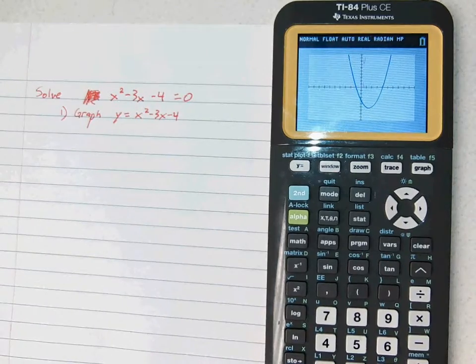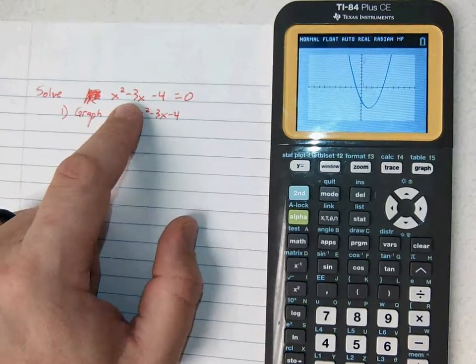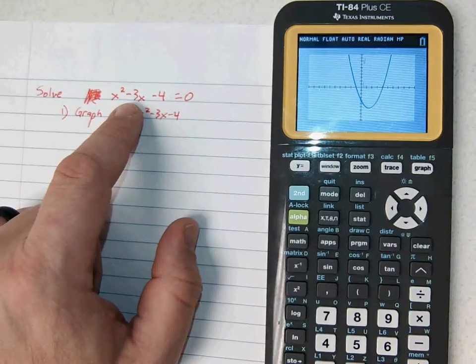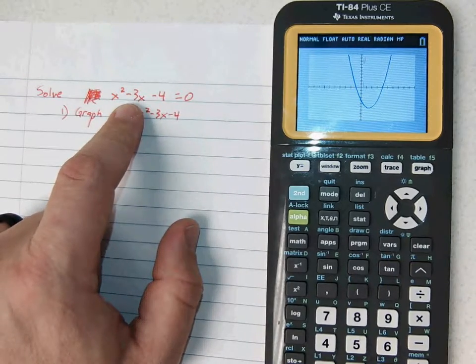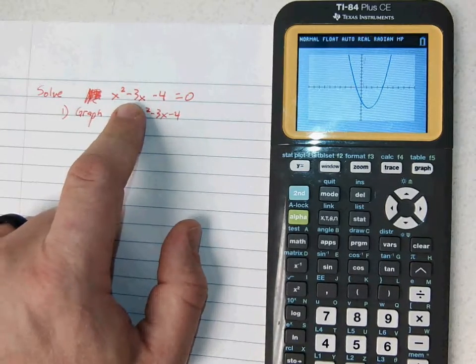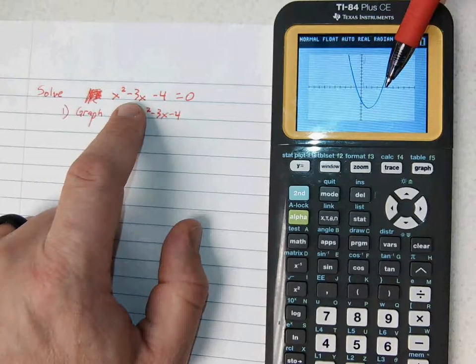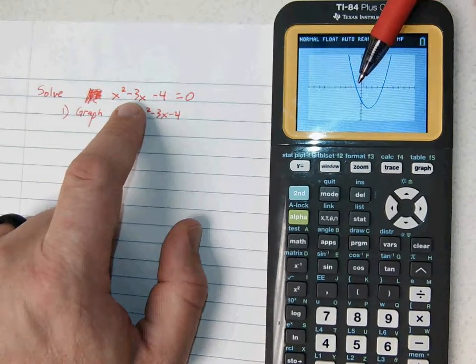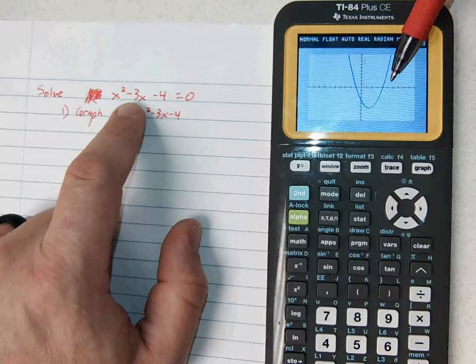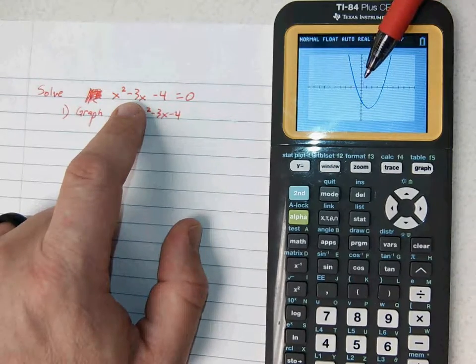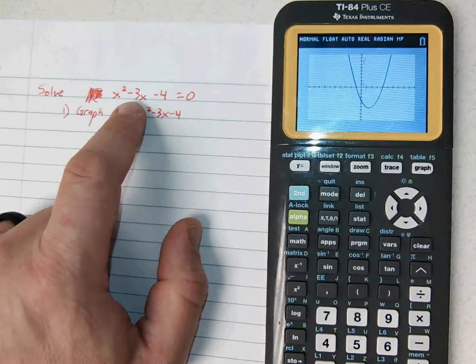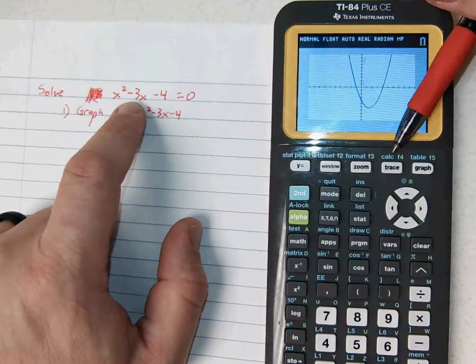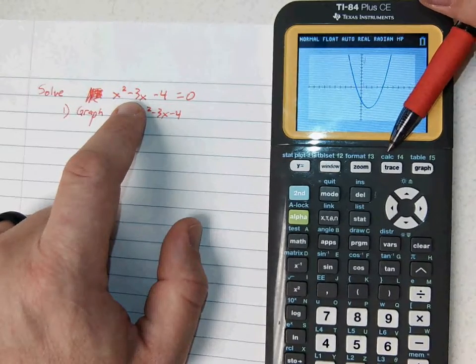To solve this equation, we've already talked about that we're looking for the x-intercepts. How many x-intercepts does this graph have? 2. 1, 2. It's not like decimals where I can just touch it and it tells me what it is. So here's how you find it on the graphing calculator. We want to get to the calc that's in blue up here.